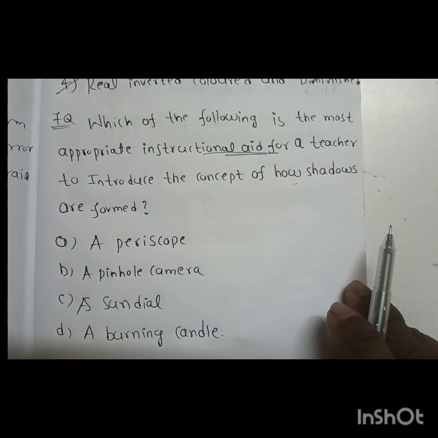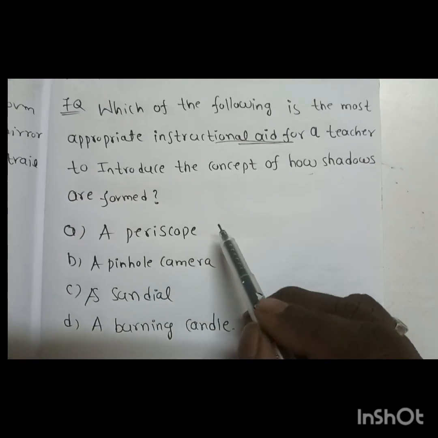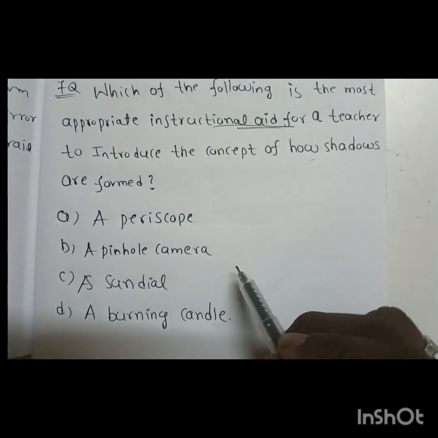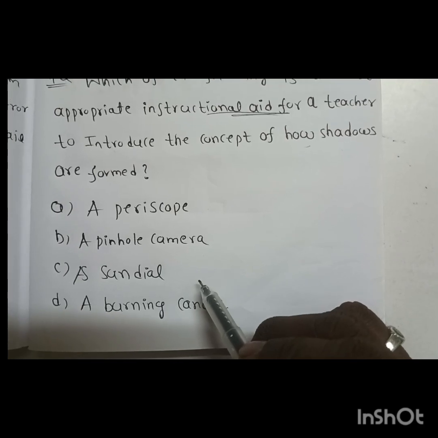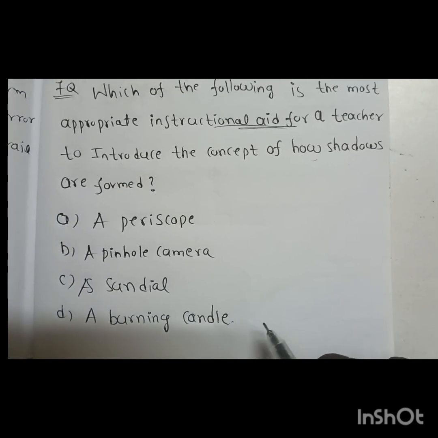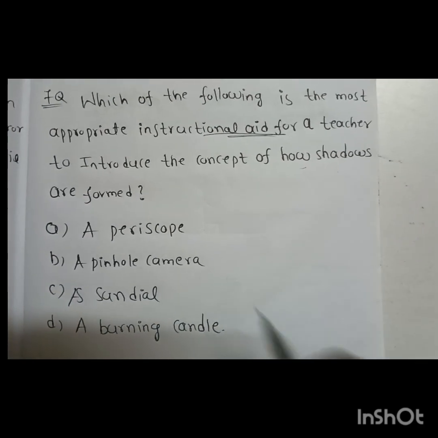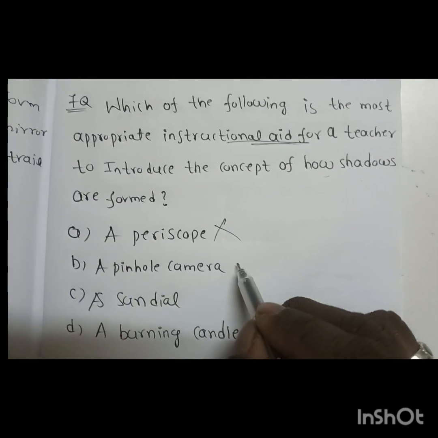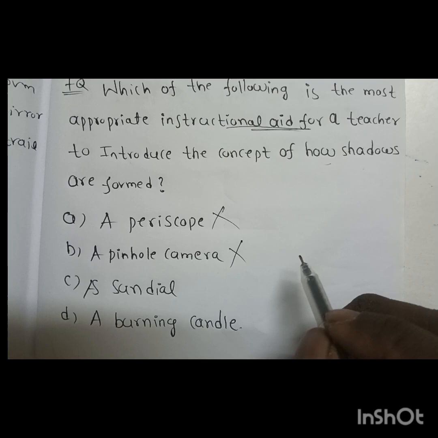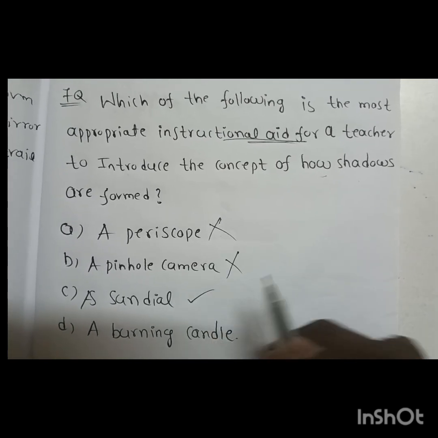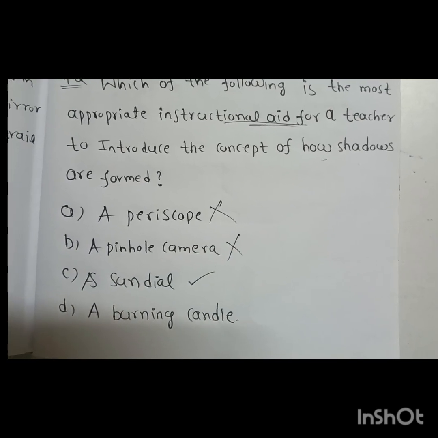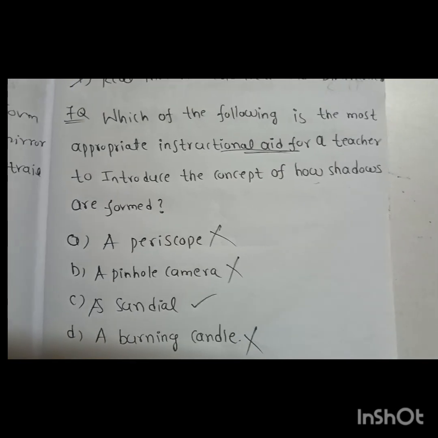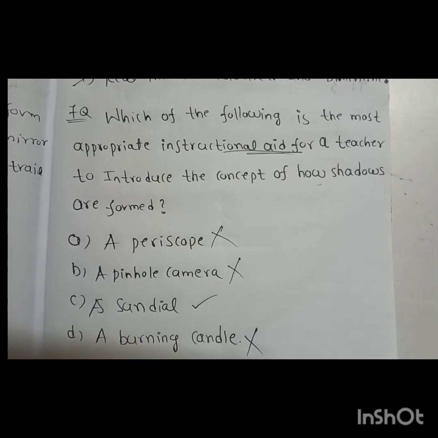The options are the periscope, pinhole camera, sundial, and a burning candle. The periscope is for high level students. The pinhole camera is also for high level students. So to introduce it, the sundial is correct, and the burning candle is not correct. So this is the seventh question.